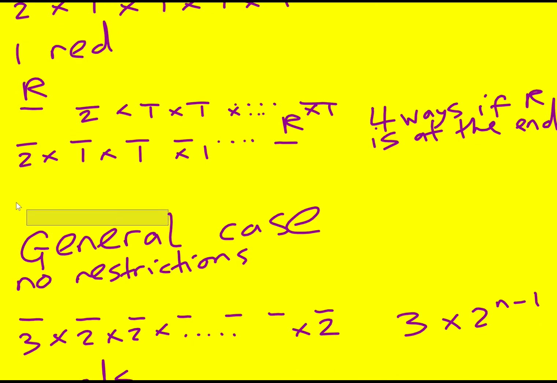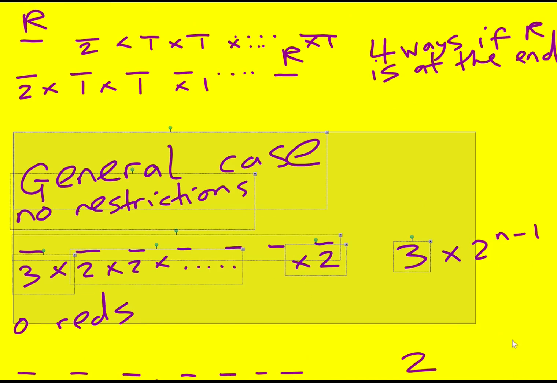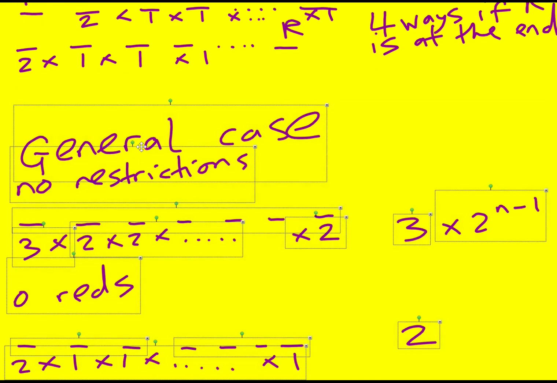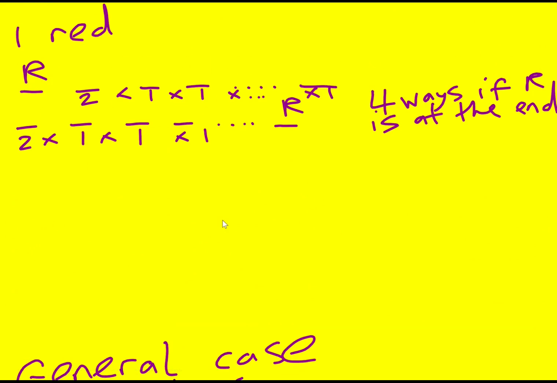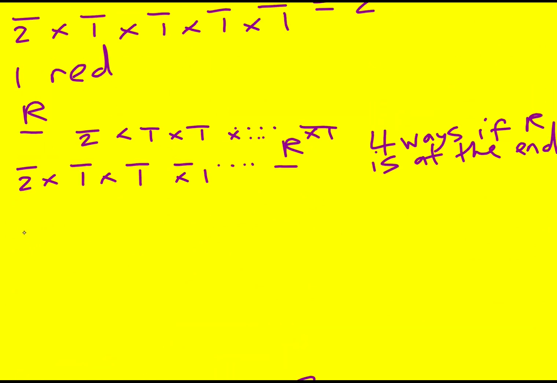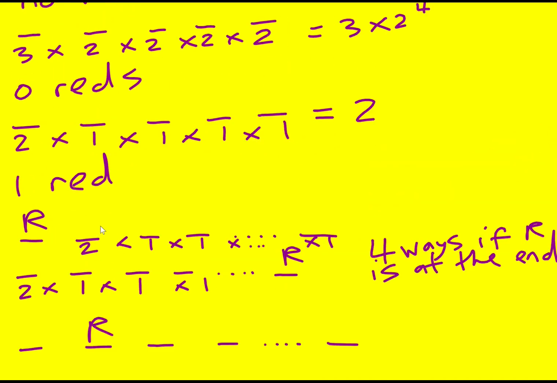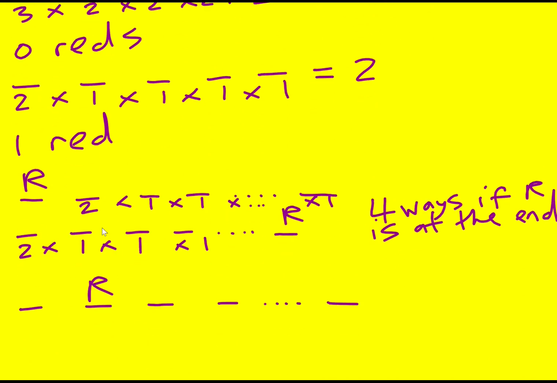Okay, let's take a little look at if R is not at the end. Sorry, I'm having to move this down. Okay, it's going pretty well, I think. Right. So now I'm putting R somewhere else. And I'm doing it for, oh yeah, I forgot this. I'm doing it for 5, aren't I?